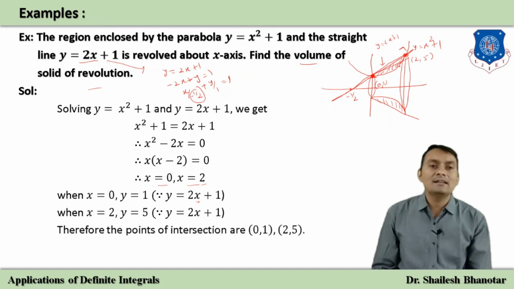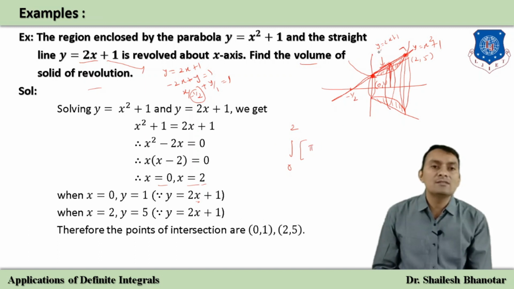In that case, this is the outermost, where the radius is parallel to the y-axis, and this line is exactly y is equal to x plus 1. So I will assume pi integration from 0 to 2, and the outermost radius will be y.